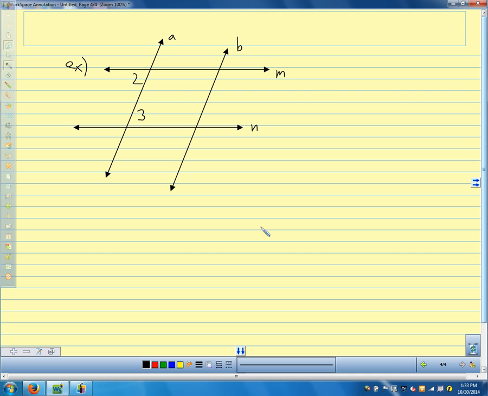So I'm going to say if angle 2 is congruent to angle 3, which lines are parallel and why?